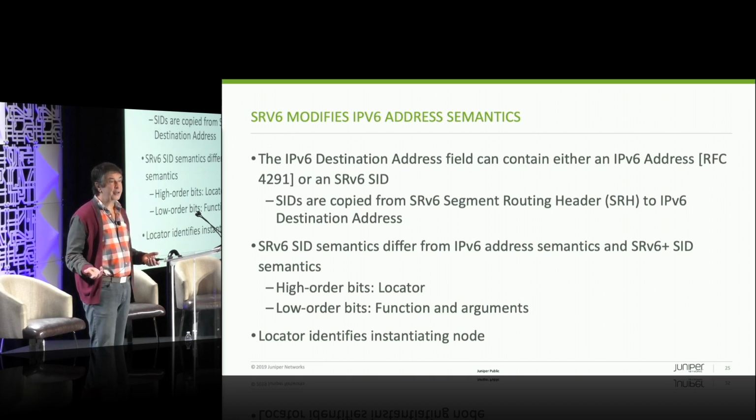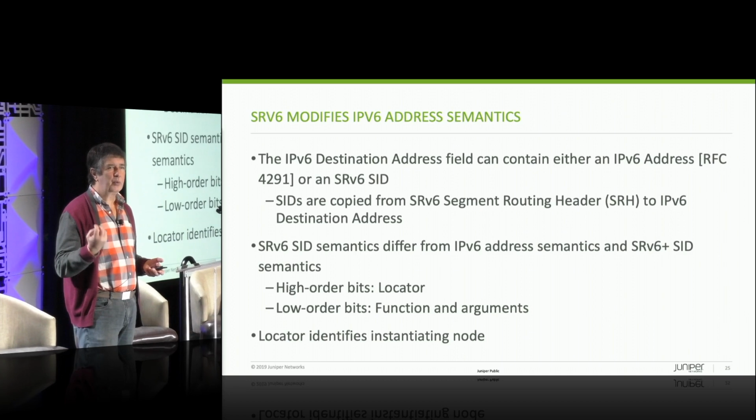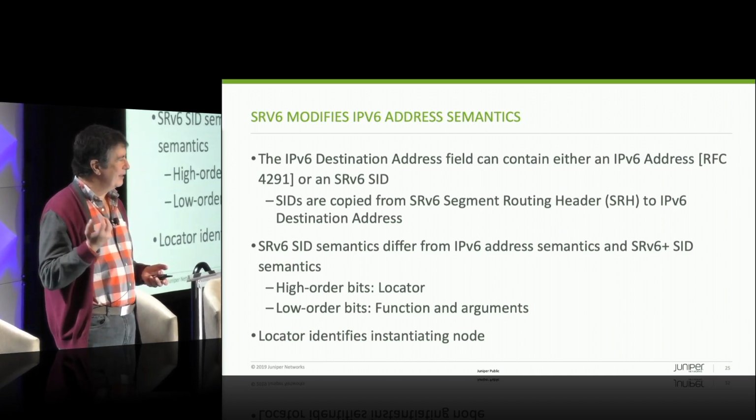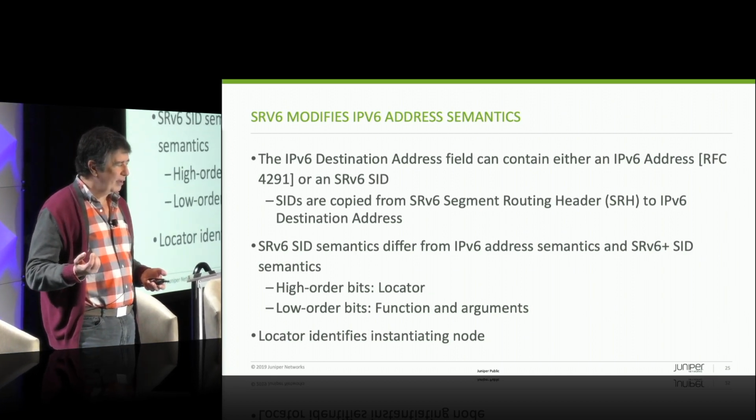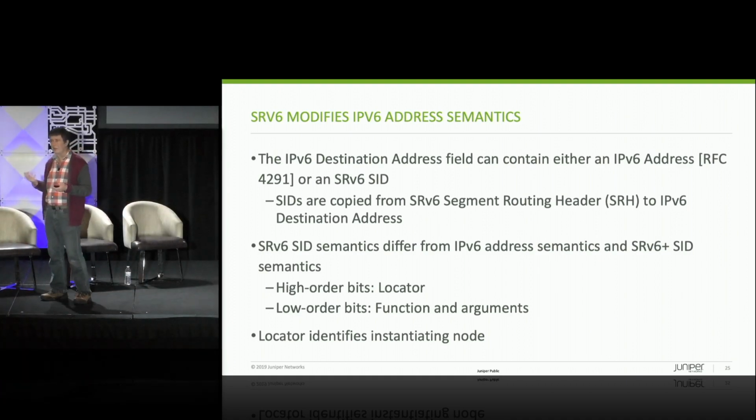Basically, they're using the low order bits of an IPv6 address to tell the processing node what to do when it receives a packet. This is kind of a subtle point, so I'll try to articulate it one other way. In IPv6 and SRv6+, an IPv6 address means exactly one thing. It identifies an interface, period, end of story.